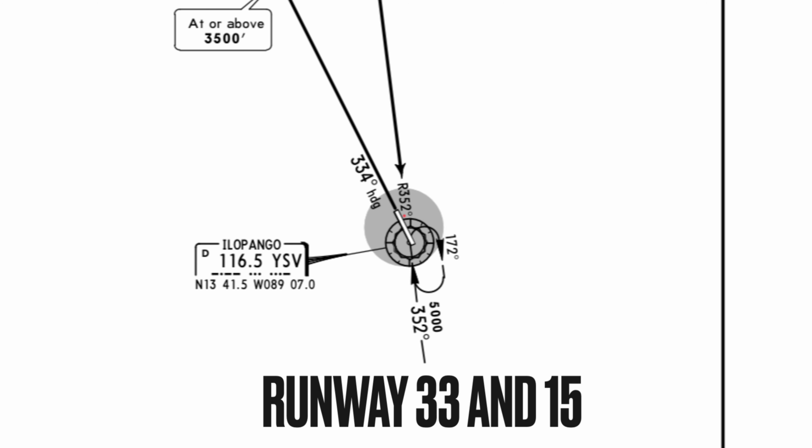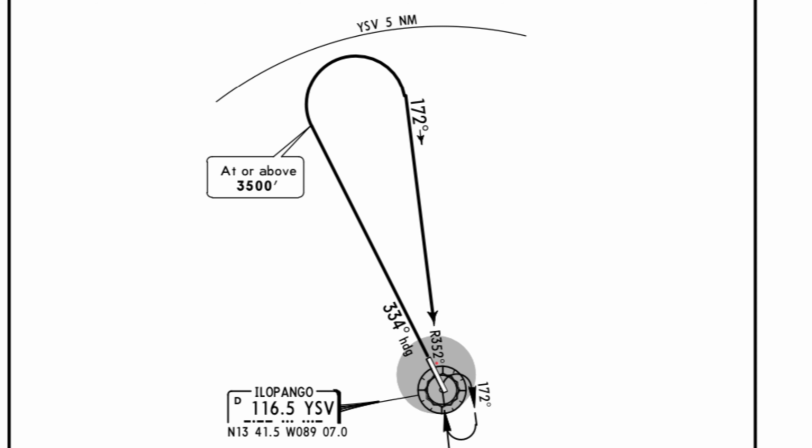So we will be taking off with a heading of 334. We have to climb with our airplane at or above 3,500 feet over sea level, and we cannot exceed 5 nautical miles from the airport. So here you can see that we have to turn to the right to the heading 172.